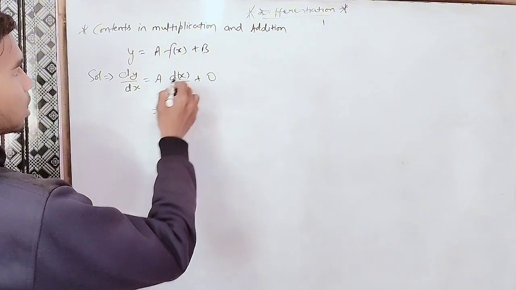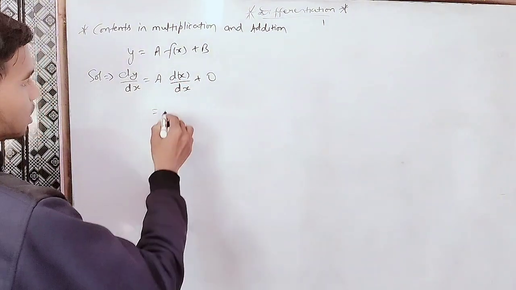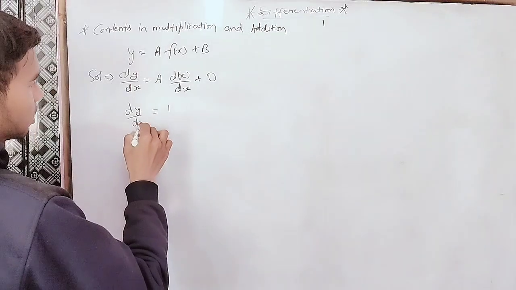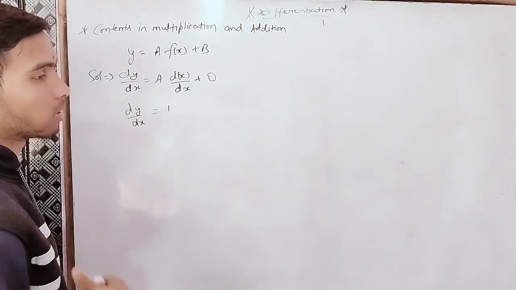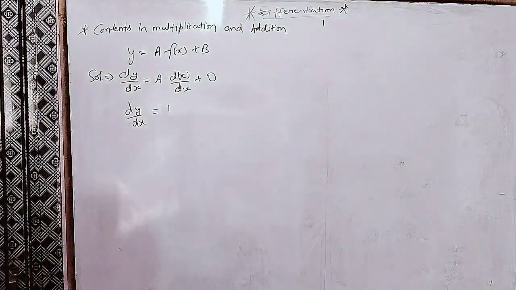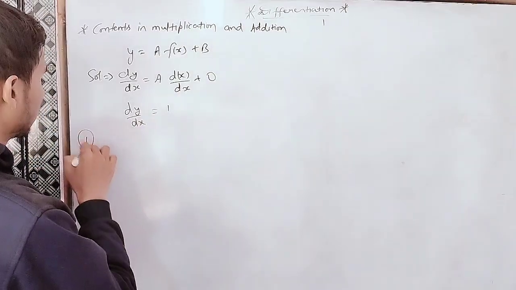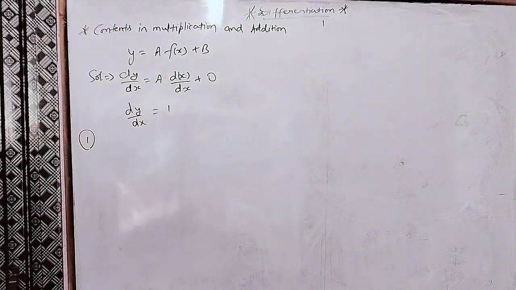Now the differentiation of x is 1. That's it. So the value of dy by dx is equal to 1.